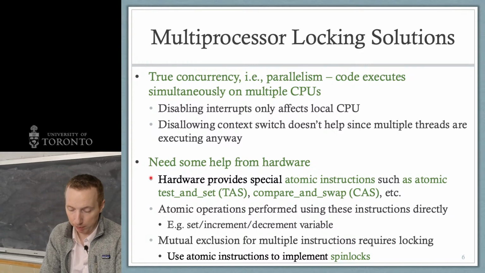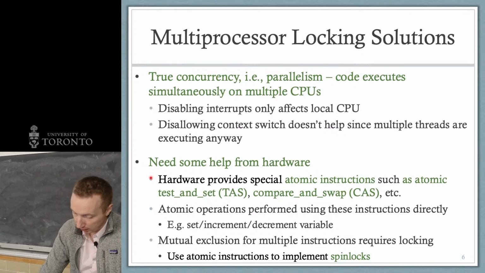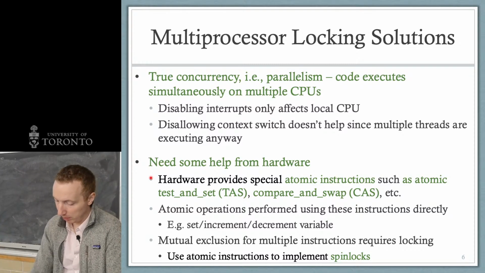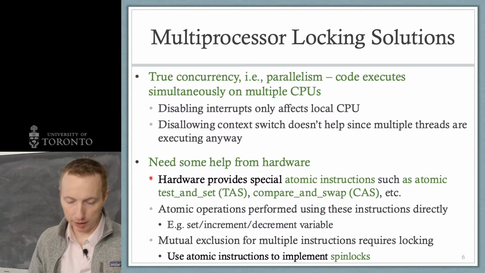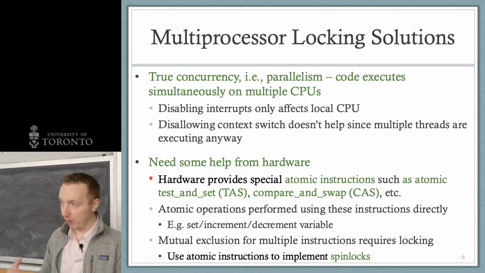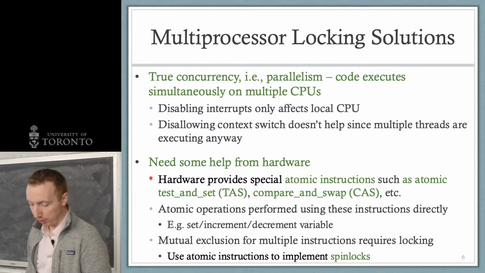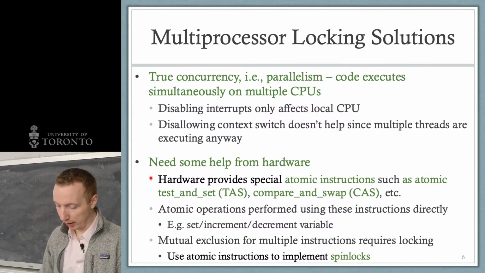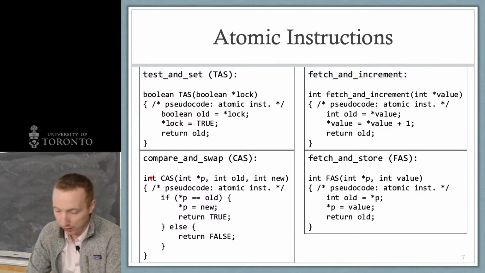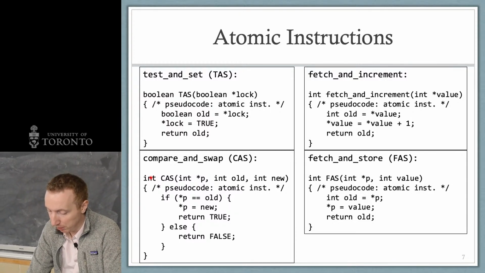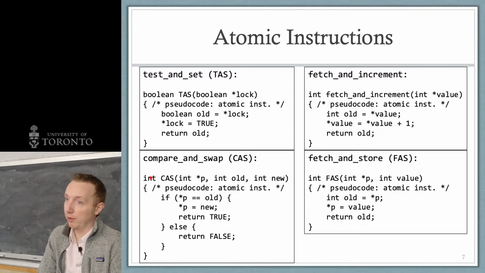No data races with atomic operations. Some other atomic operations we have are set, increment, and decrement. We can do that atomically. If we want to have mutual exclusion, that requires some locking, and we need to use these instructions to implement spin locks. So here is some pseudocode for all the atomic instructions.